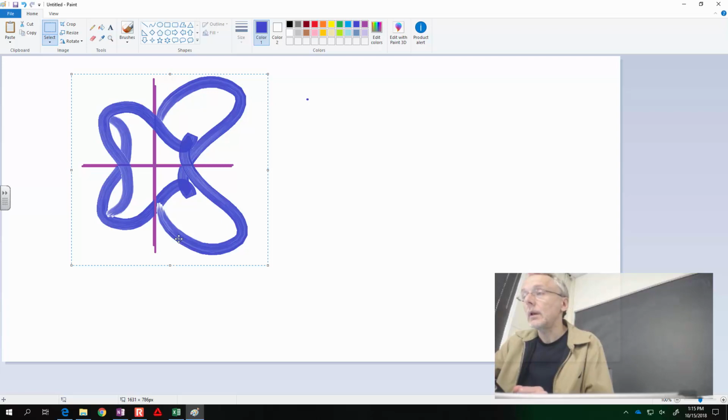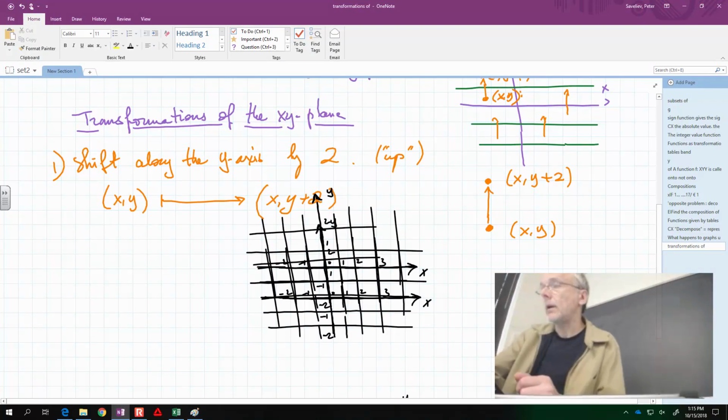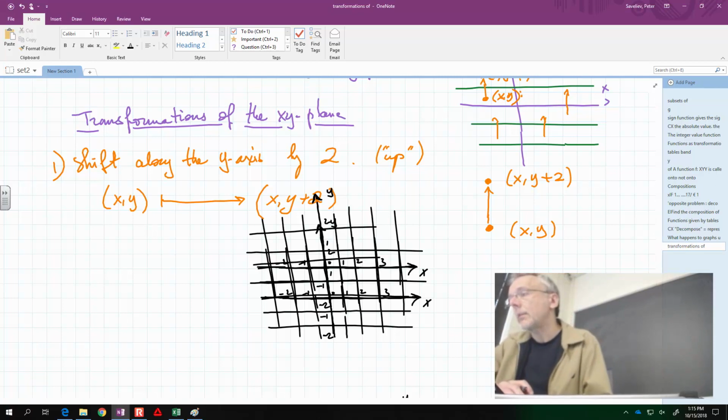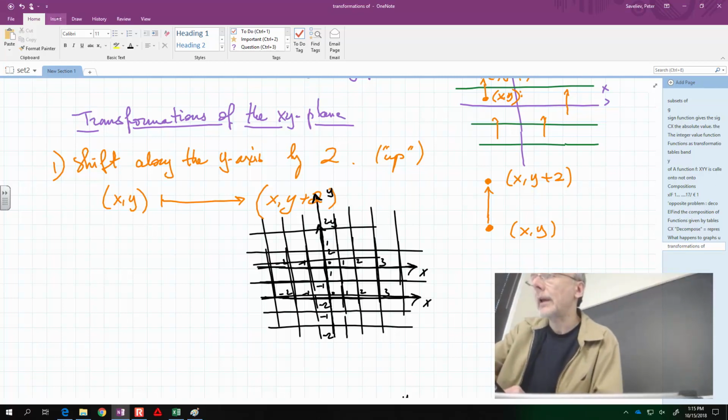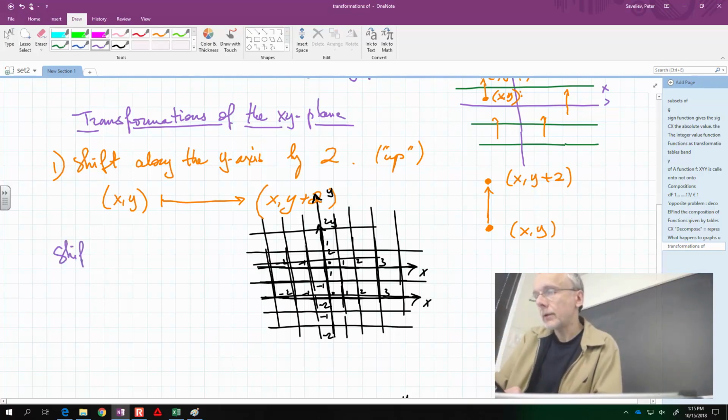Well, before that, we know how to implement the shift. That formula that we're looking at in the middle, let me write it down. So shift by k is given by xy goes to x, y plus k.